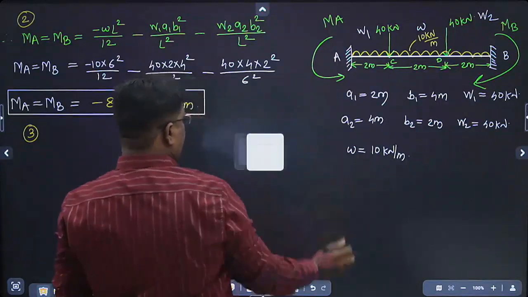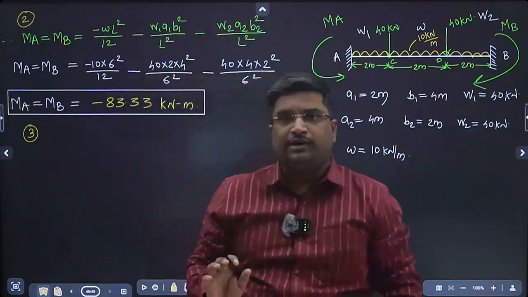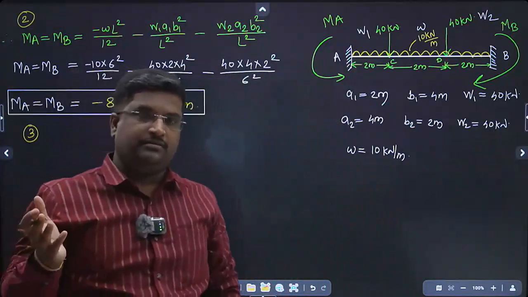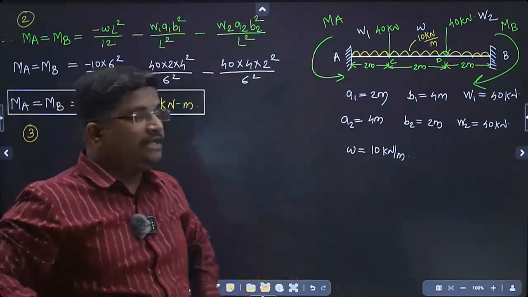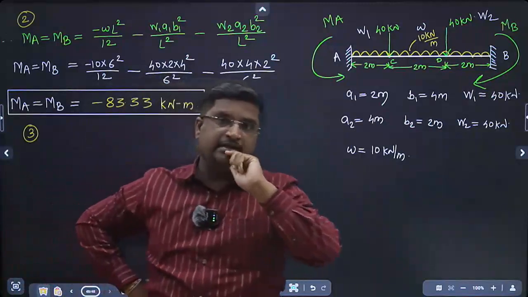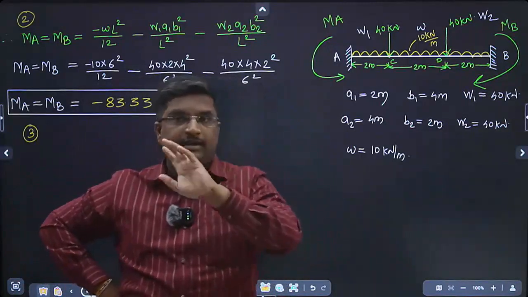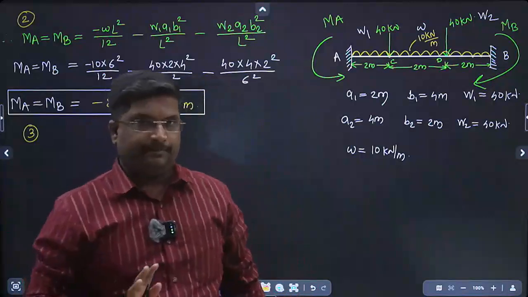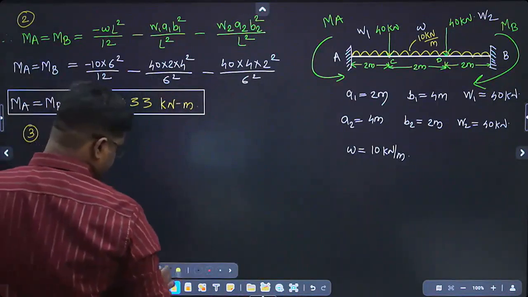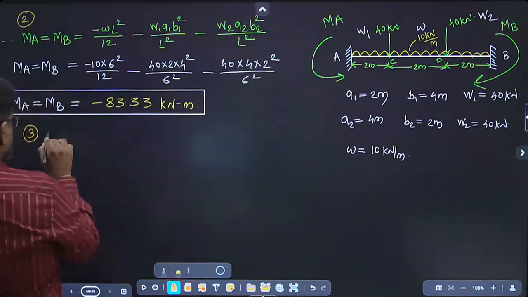But for this problem, there is no need to calculate RA and RB like previous problems, because this is symmetrically loaded. If the beam is symmetrically loaded, then VA and RA are the same, VB and RB are the same.